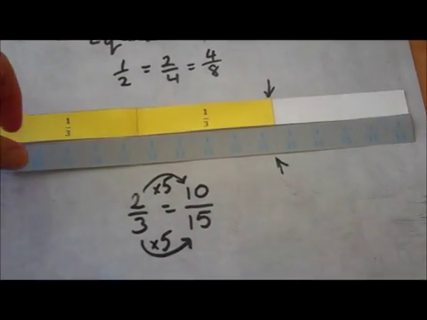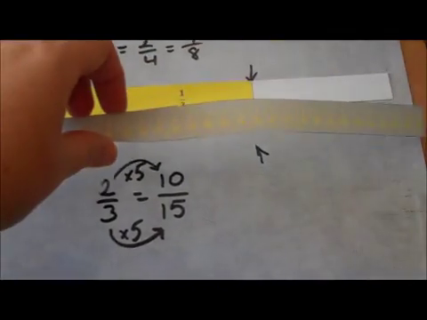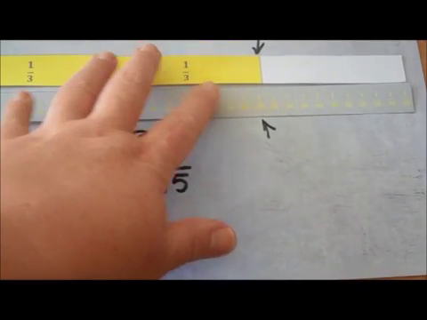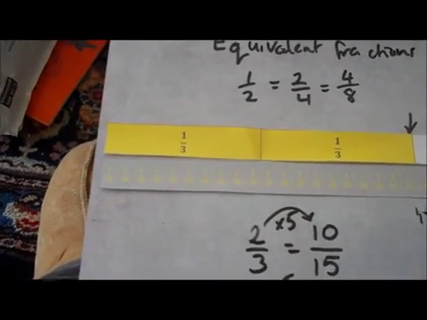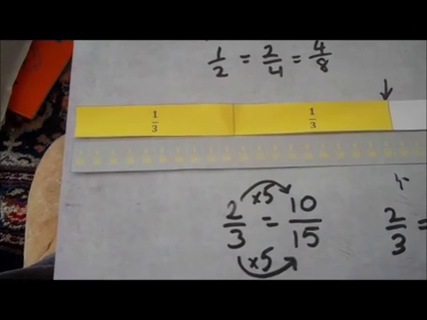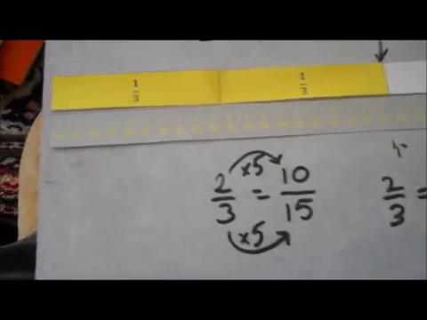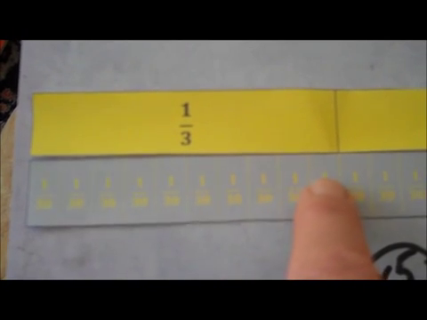If I didn't do 15ths, another one that I've got is 30ths. So let me put my 30ths on there. Oops. To line it up properly. Okay, so my 2/3 is how many 30ths? It's a bit hard to see, but let's count them anyway. 1, 2, 3, 4, 5, 6, 7, 8, 9, 10.